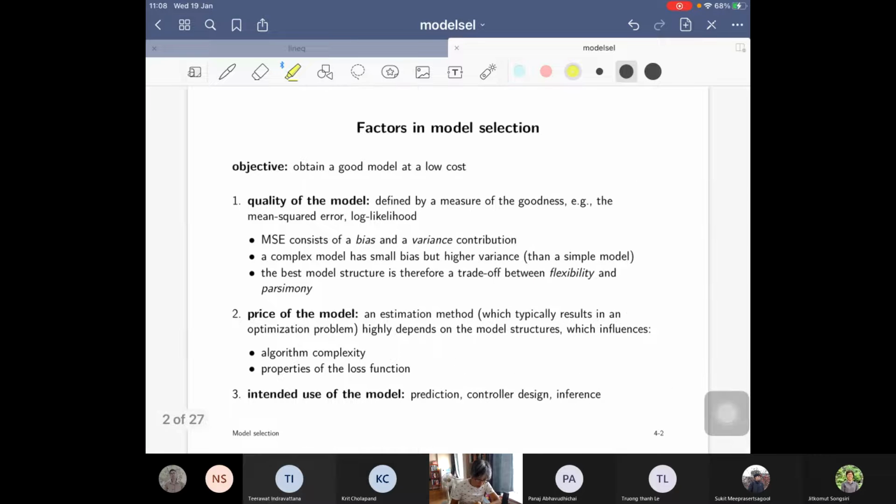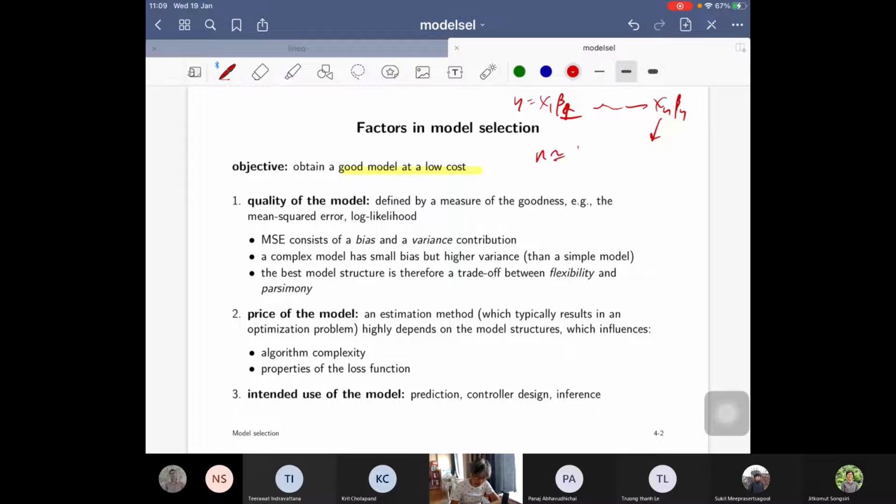In model selection, the whole goal is to get a good model at a low cost. Think about it in the context of linear regression. Suppose in your application you have n predictors, and n can be very huge.